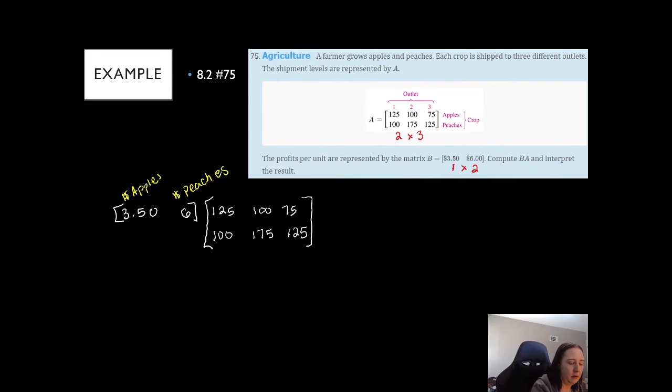So again, this is a 1 by 2, and then this is a 2 by 3. So our 2 here is the fruit, and so for them to match, that means my 2 here is also the fruit. So each column here for the 3.50 and the $6 is telling me that these are fruit. And then the row is the profits per unit.